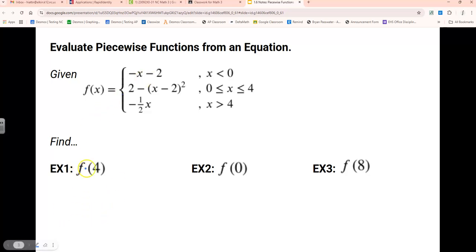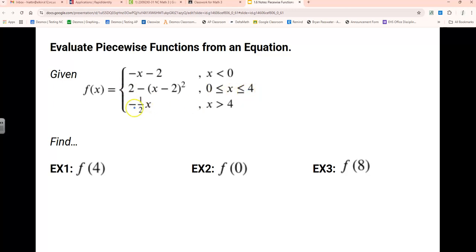So if I have f of 4, the first thing you have to do is decide which function to use. So you are not looking over here, you are looking over here. Is 4 less than 0? It is not. We are not using that top function here. What about 0 less than or equal to x less than or equal to 4? Does 4 fit here?